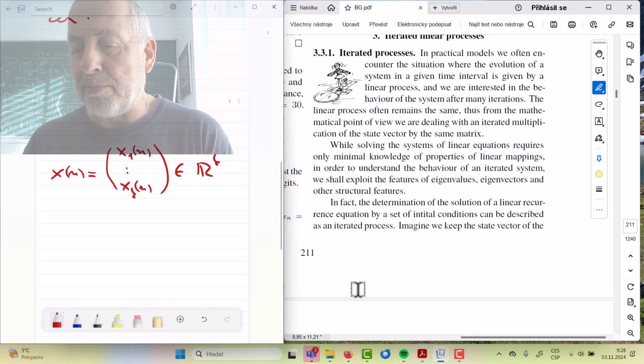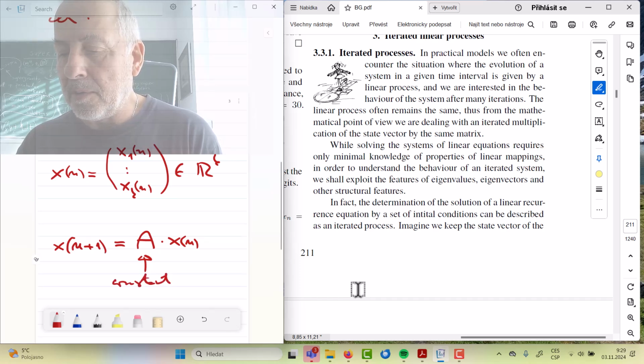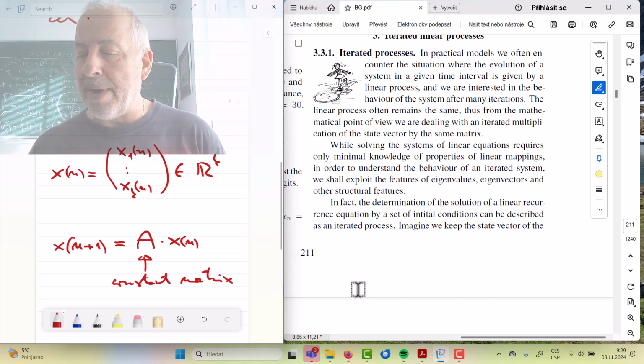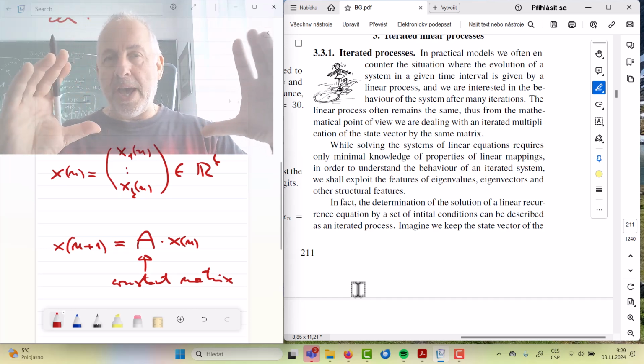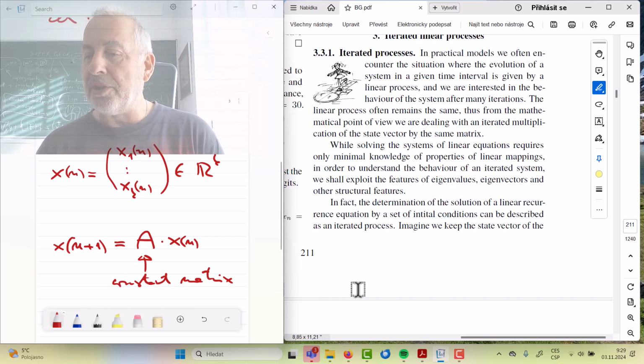And we shall have simply a rule which says that x_{n+1} simply is some matrix A times x_n, and the matrix is always the same, a constant matrix. And of course it must be a matrix of size k times k, right? So just to stay in R^k, you just multiply it by a matrix.